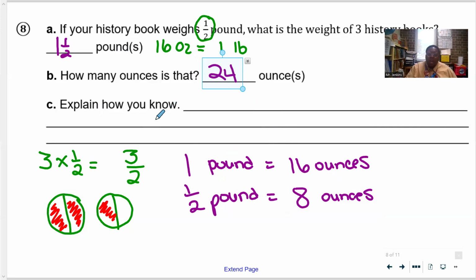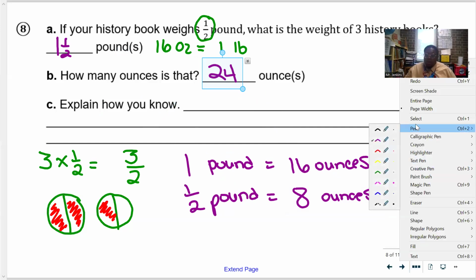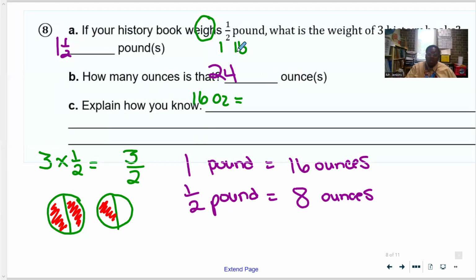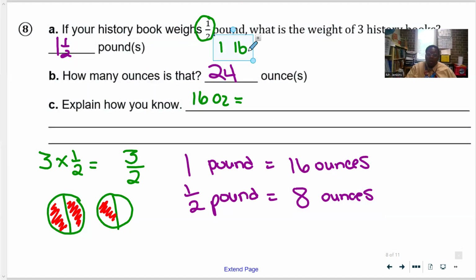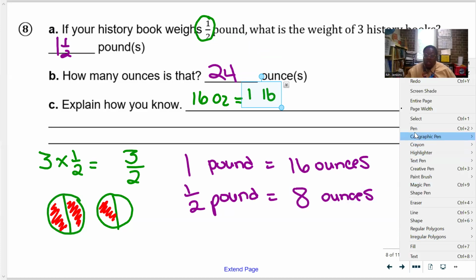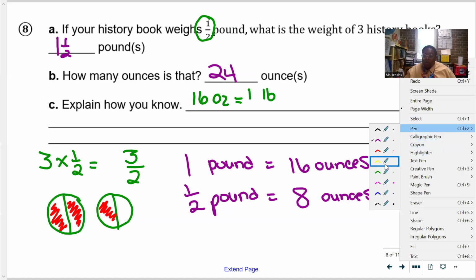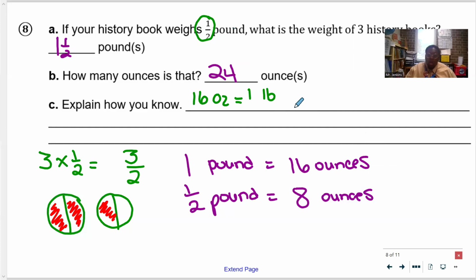And when it says explain, one main thing that your teacher is going to look for when you explain your answers is that you know that 16 ounces is a pound. So I need to make sure that I write 16 ounces is equal to a pound, okay? And then after you tell me, since I know 16 ounces is a pound, you can go ahead and finish off the rest of it by telling us what you did.